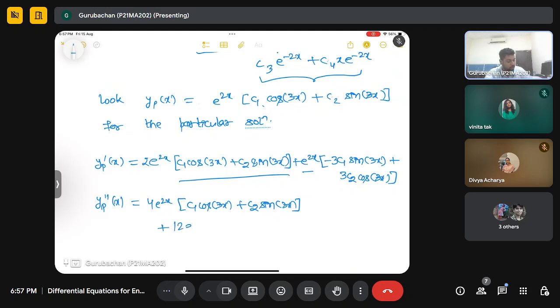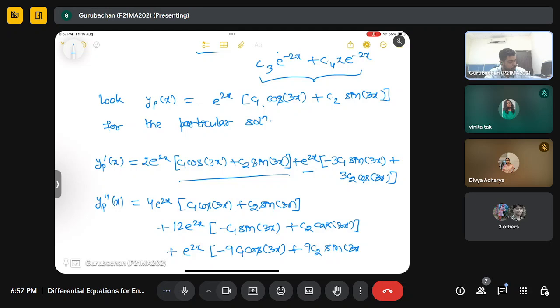So it will be 12 e to the power 2x (minus C1 sin 3x plus C2 cos 3x). And the last part will be e to the power 2x, again, minus 9 C1 cos 3x plus 9 C2 sin 3x. So this will be a negative sign.